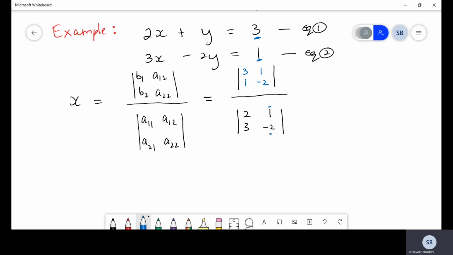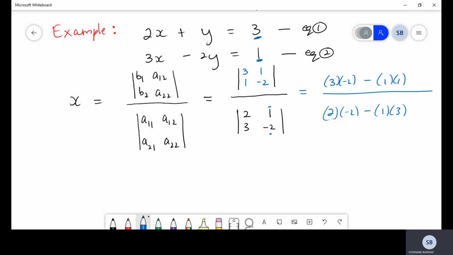It's just a matter of replacing whatever you want to solve. You replace that column with the values on the right-hand side of your equation, and you solve from here. You know how to find the determinant of a 2 by 2 matrix. For your numerator, this will simply be 3 multiplied by -2, subtract 1 by 1. On your denominator, you will get 2 multiplied by -2, subtract 1 multiplied by 3, or 3 multiplied by 1.